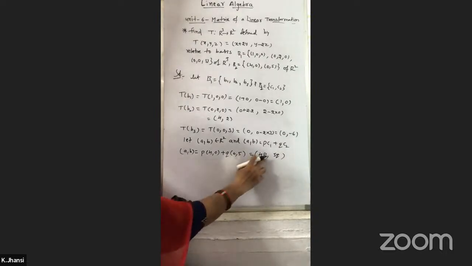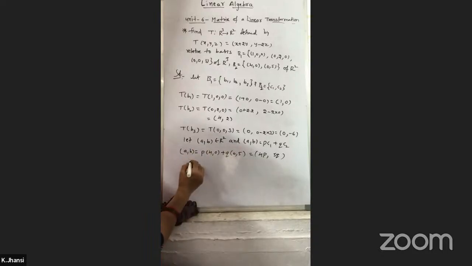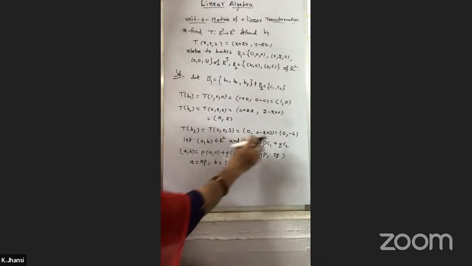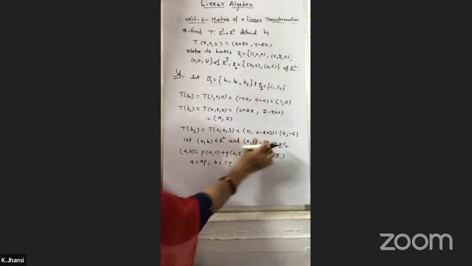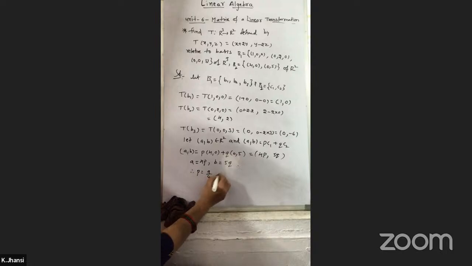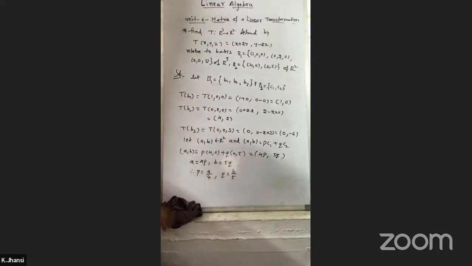When you equate these two, we get a equals 4p and b equals 5q. In this relation we need p and q values. Therefore p equals a by 4 and q equals b by 5. So with the help of this relation, we are finding p and q values.